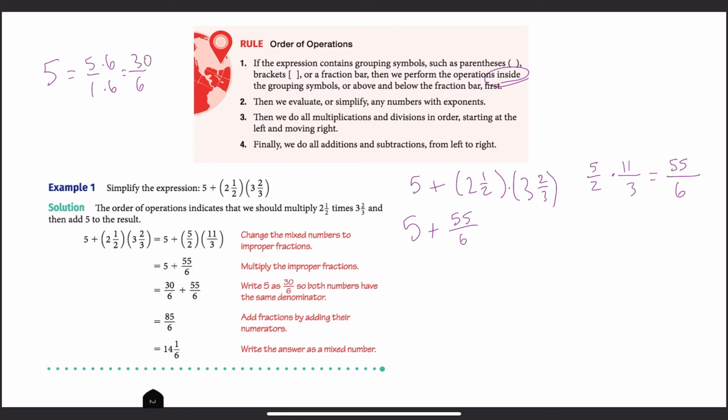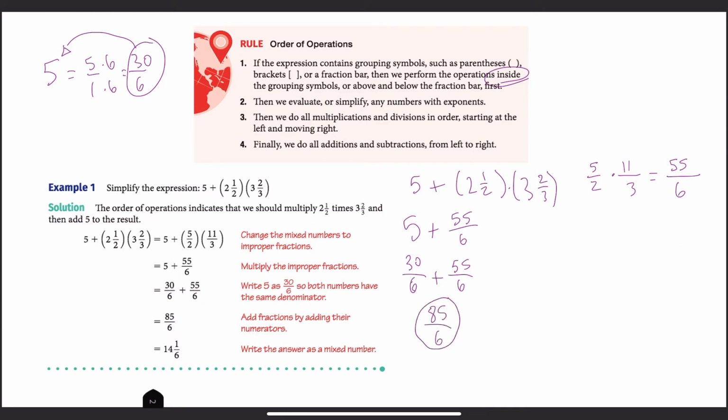So 30/6, because 30 divided by 6 is 5. So 30/6 is the same as 5. Instead of 5, I can replace it with 30/6 plus 55/6. And that would be 85/6.